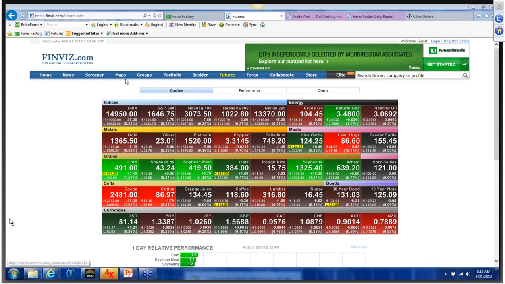I digress. So we're over here looking at the futures market, and the reason we're looking at futures, even though we're trading Forex, why futures? The reason is because there's a direct correlation here. When we see money flowing out of the Dow, out of crude, out of gold, out of silver, so basically out of your majors here in the futures market, you see money moving into U.S. dollars.